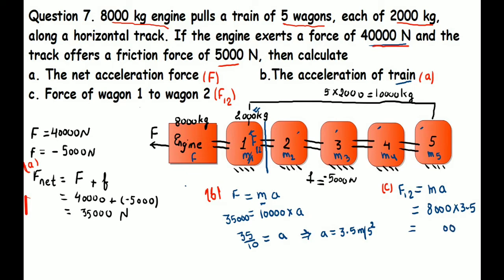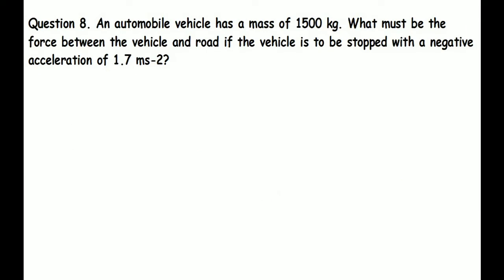When we multiply, the trailing 3 zeros will remain the same. We will multiply only 8 into 3.5. This gives us 280. Now placing the decimal at the right place, the answer is: force of the first wagon on the second wagon is 28,000 Newton.